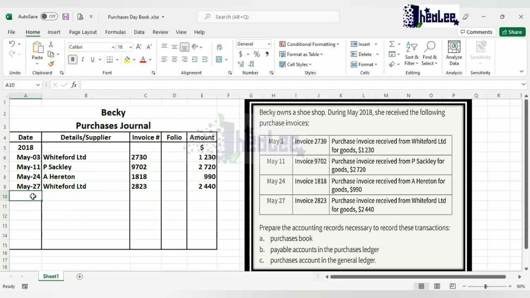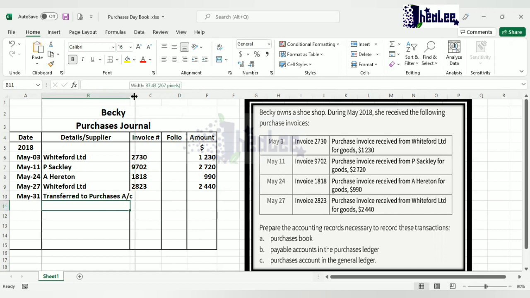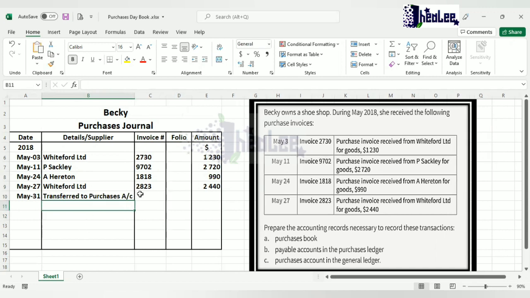So at the end of May, what you're going to do is to total the amount column to find what is your total credit purchases for the period. So our date is May 31st. Our details is simply transferred to purchases account. You could simply say total credit purchases for the period, but you want to ensure that you remember that you're going to transfer it to your purchases account.